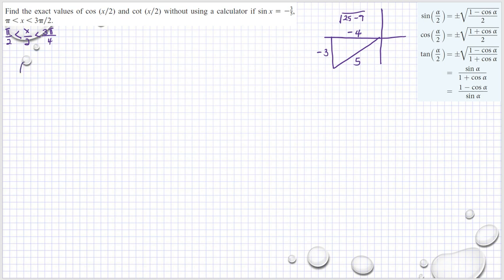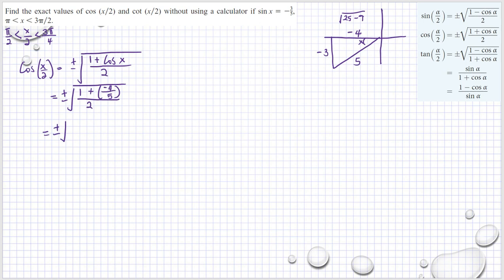Okay, so we can start with cosine x over 2 is equal to plus minus the square root of (1 plus cosine x) divided by 2. If this is our x, cosine is adjacent, that is negative 4 divided by 5, over 2. We have plus minus the square root of (5 minus 4 over 5) over 2.